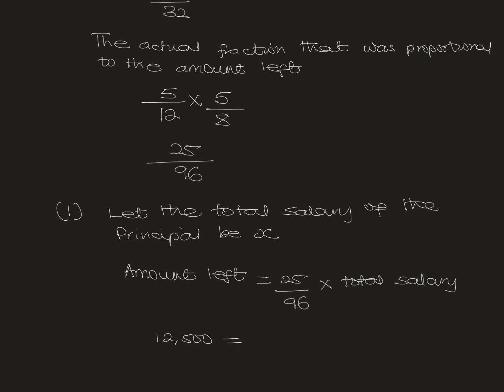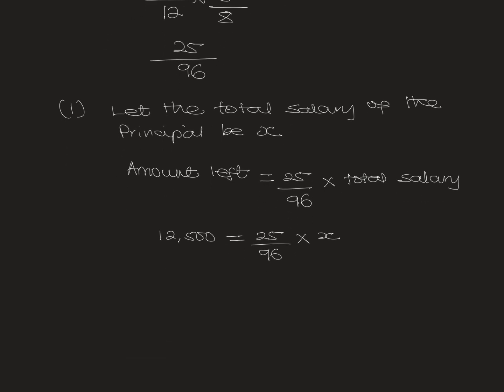This is equal to 25 over 96 times the total salary, which we said is X. So that will be 12,500 is equal to 25X over 96.